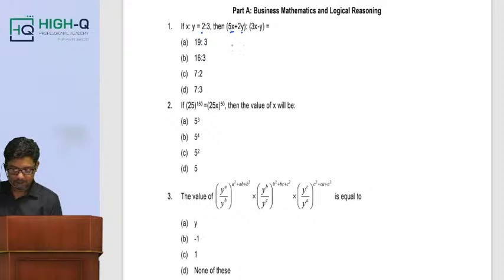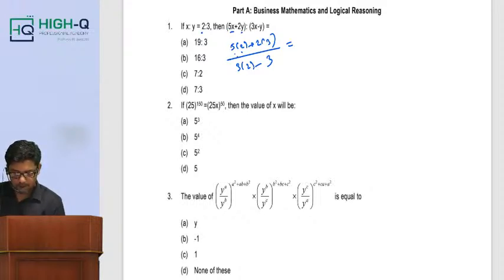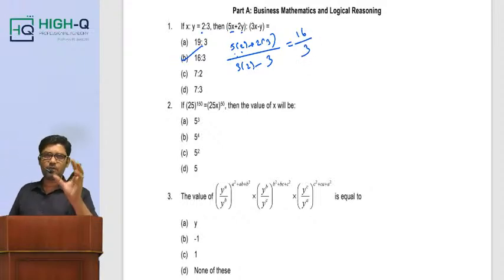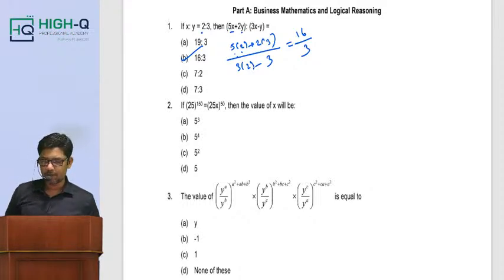So 5 into 2 plus 2 into 3 divided by 3 into 2 minus 3, which is 10 plus 6, 16 by 3, 16 is to 3. I hope you are ready with your papers. Please let us try to solve with me, my dear.